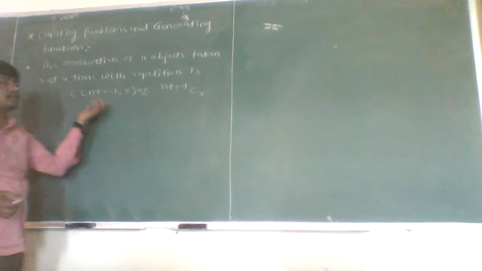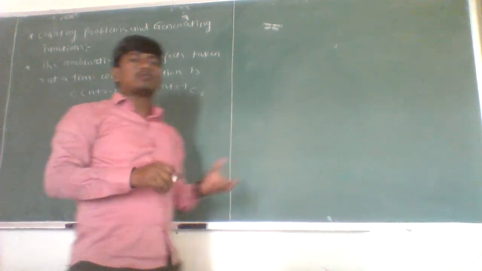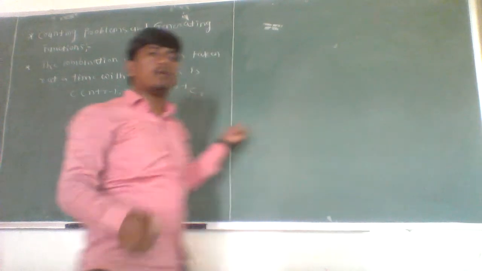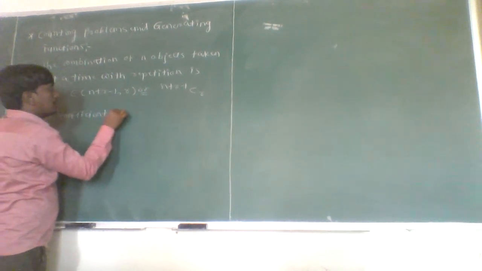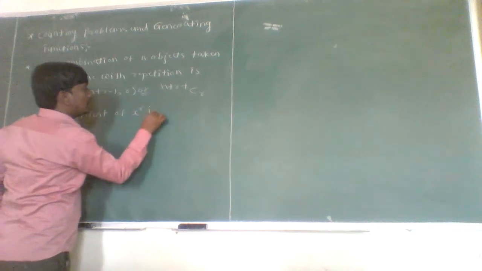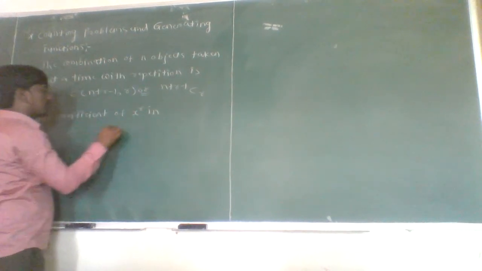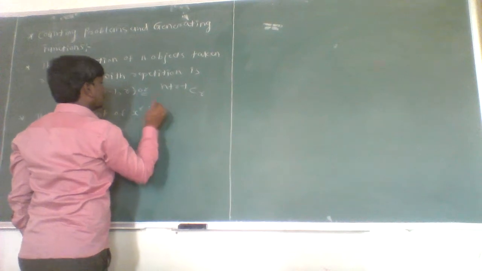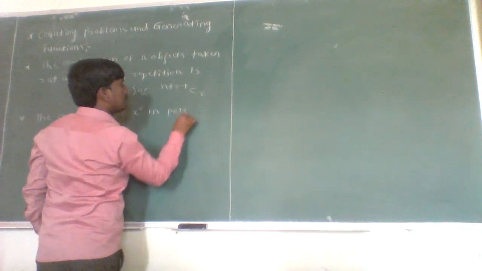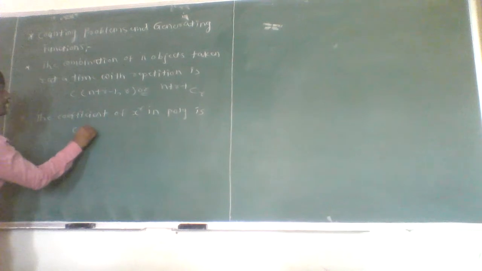Now, this same formula can be used to find out the coefficient of something. That is, suppose we have to find out the coefficient of x to the power r in the given polynomial, then we have to use the same formula, that is, the coefficient of x to the power r in a given polynomial is found by using this formula, C(n plus r minus 1, r).